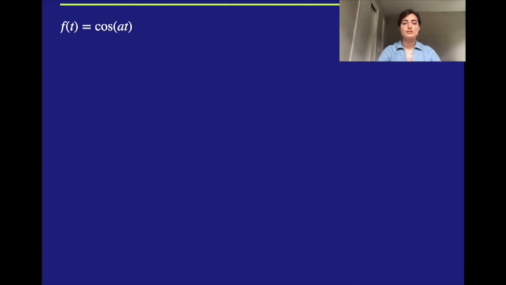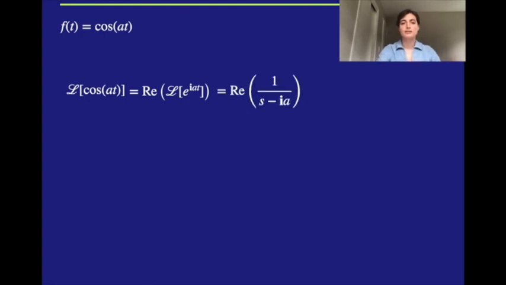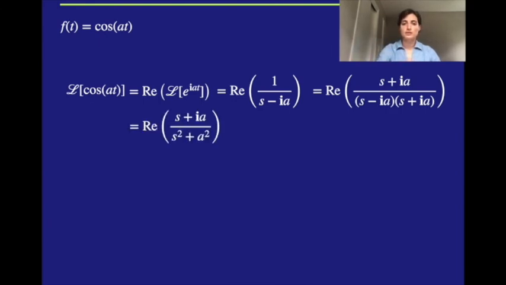Well, the advantage is that calculating the Laplace transform of the cosine will also be trivial because we'll follow exactly the same steps, except that instead of taking the imaginary part, we're going to be taking the real part. So these are the same steps as we took in the previous slide, except that at the last step, we take the real part instead of the imaginary part. So we keep s, but we do not keep a.